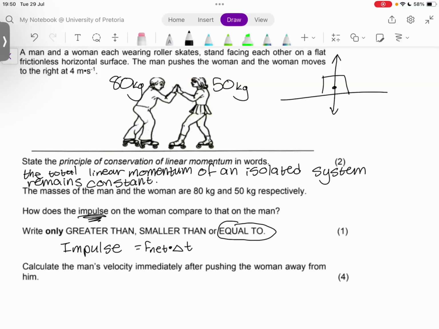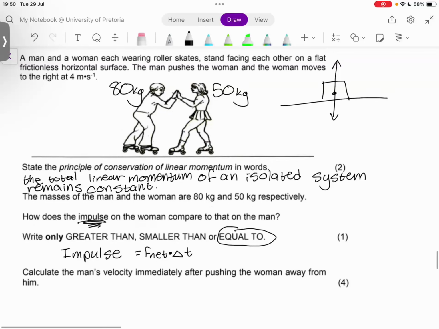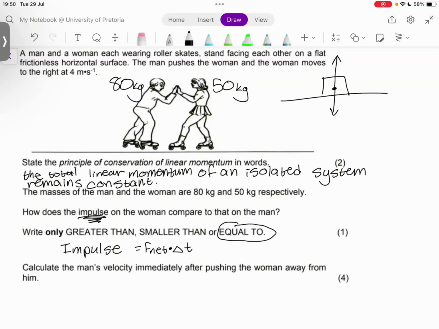Cool. For this question over here, we had to work with the principle of conservation of linear momentum because it was stated over here. That's what was asked first. So that's usually an indication that the questions following will likely rely on that principle. Right.